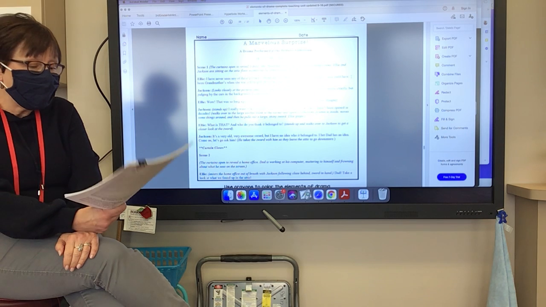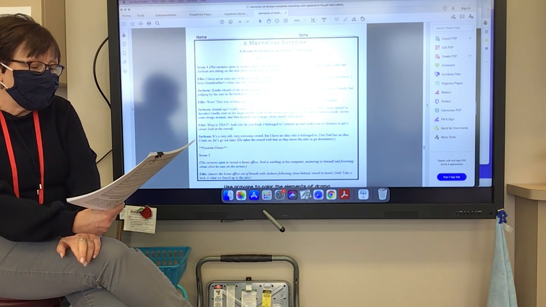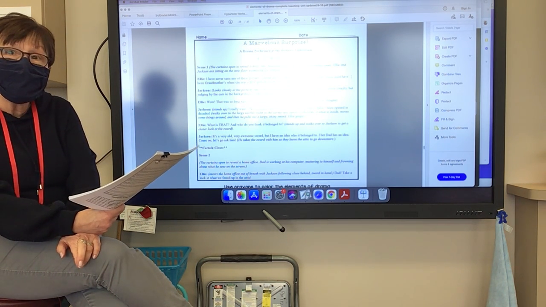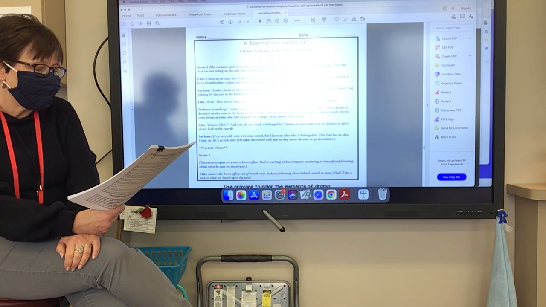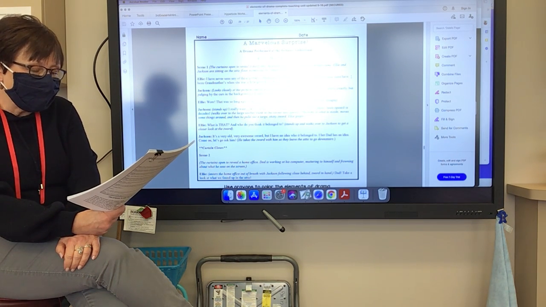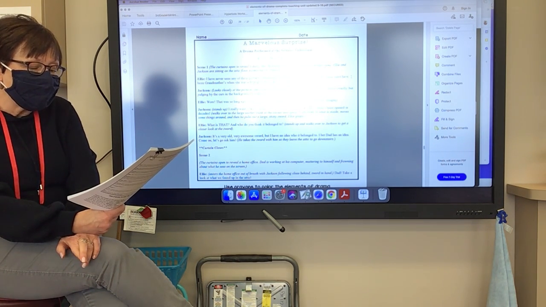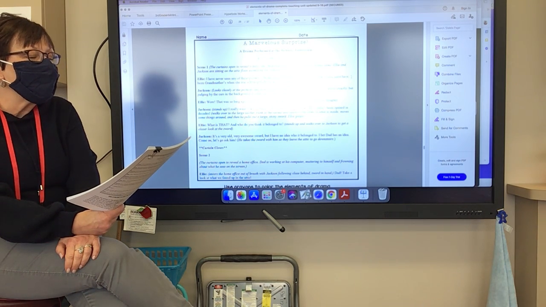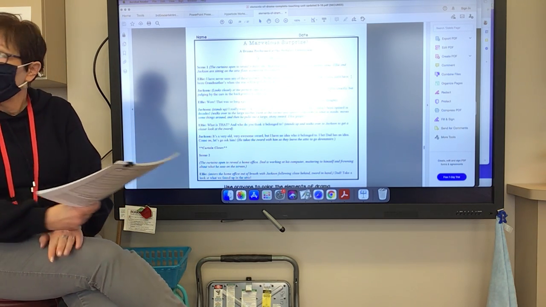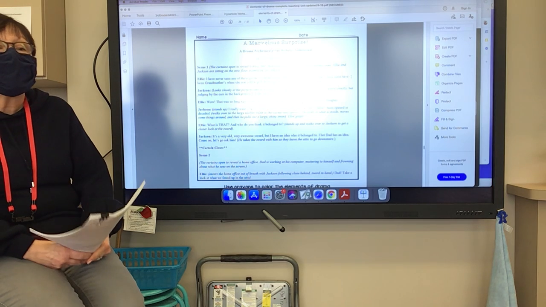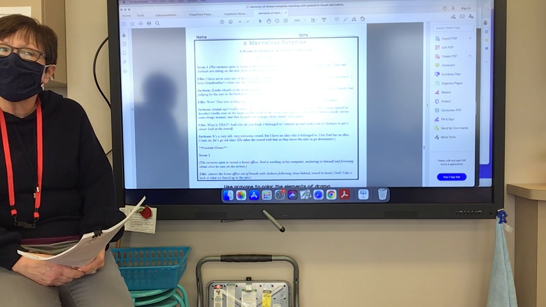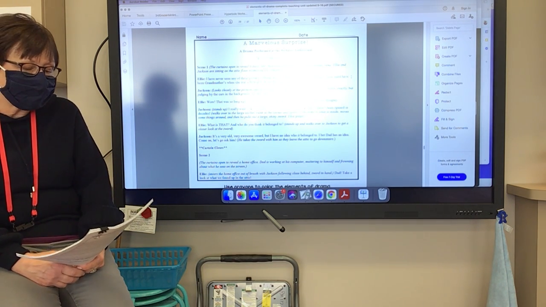Okay, so now here's what we need to do. It says, use crayons to color the elements of this drama. So first it says, circle the names of the actors in blue. Whenever we see the names of the actors, we're going to be circling those in blue.